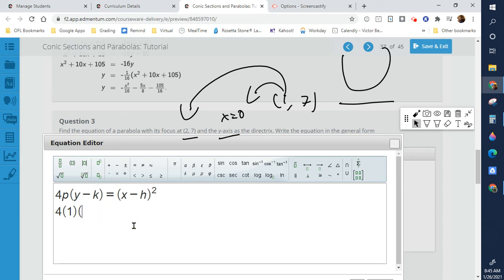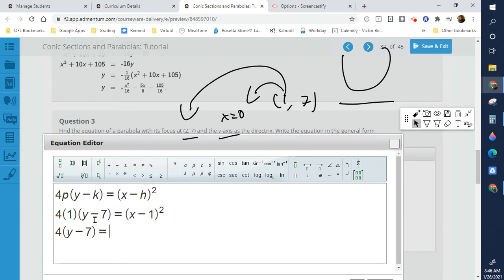I'm going to get 1 for the p, y minus my k is, what's my k here? K is 7. Equals x minus my h is 1, quantity squared. We're looking for standard form, so I'm going to expand this. I'm going to multiply this, which is just 4. Not much expanding there, guys.